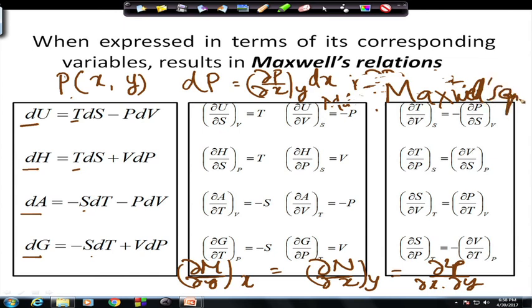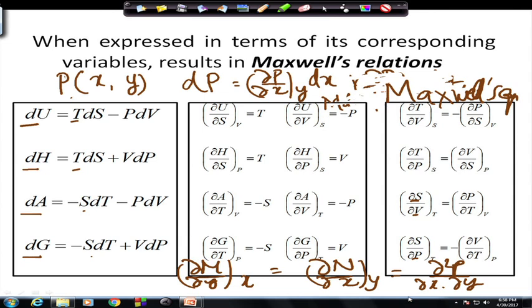Just observe the Maxwell's equations. What do you get? You find that the Maxwell's equations give us the variation of entropy with pressure, the variation of entropy with temperature, with volume, with pressure, and these are related to the PVT properties of the different substances.